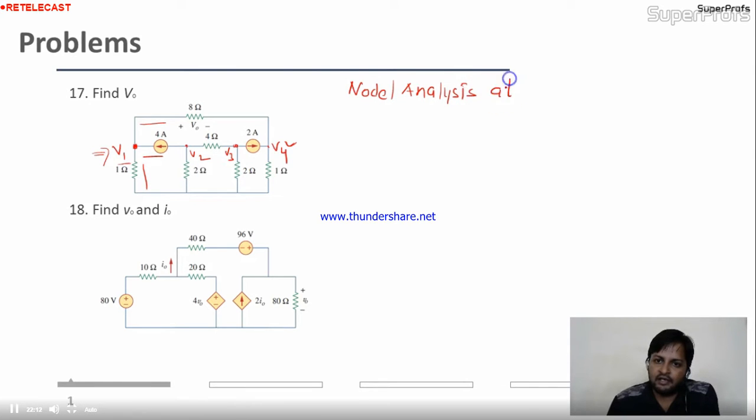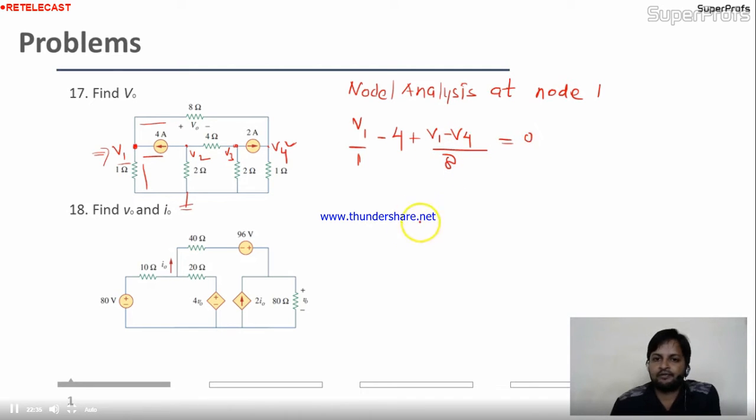Nodal analysis at node 1. Tell me the equation. V1 minus 0, divided by 1 resistance, minus 4 incoming current, minus 4, fine. V1 minus V4, V1 minus V4 divided by 8, equal to 0.